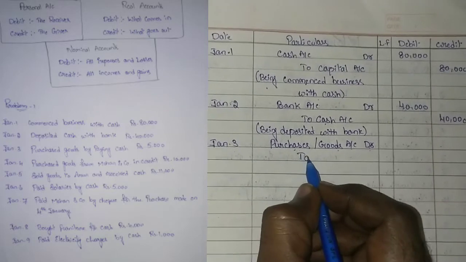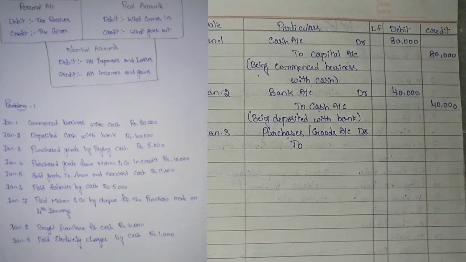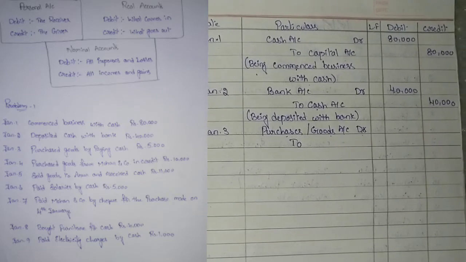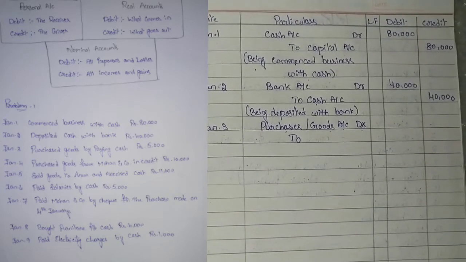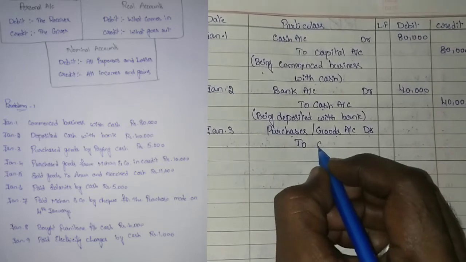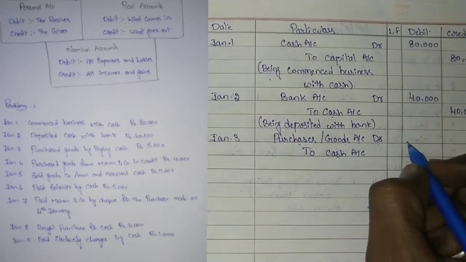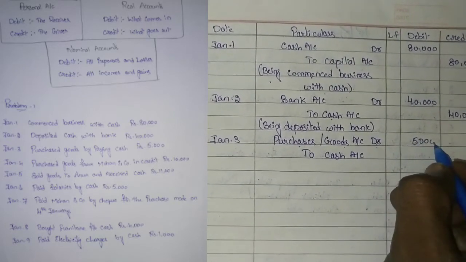Two, in the credit side, according to real account, we have to write what is going out. So in the transaction, they are clearly saying that we are purchasing by paying cash. So cash is going outside. So to cash account, and the amount is 5,000.